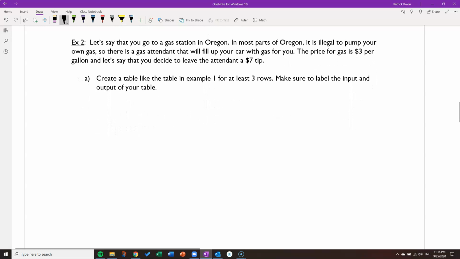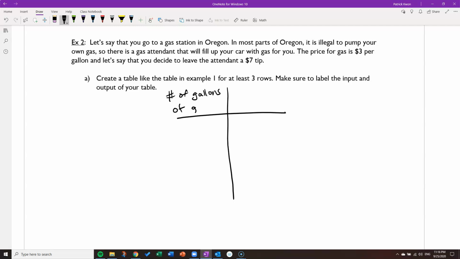So sometimes these are called T tables. So I'm going to make this cross or a T. And our input is going to represent the number of gallons of gas that we get. And then the right-hand side will represent our total cost. And we want to include at least 3 rows.